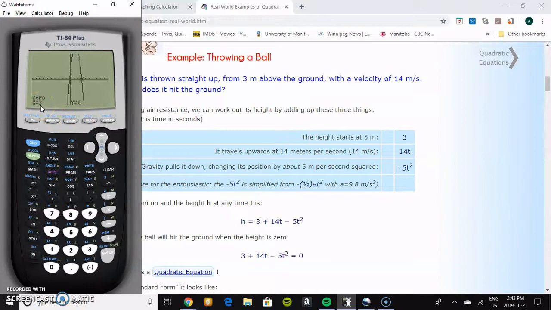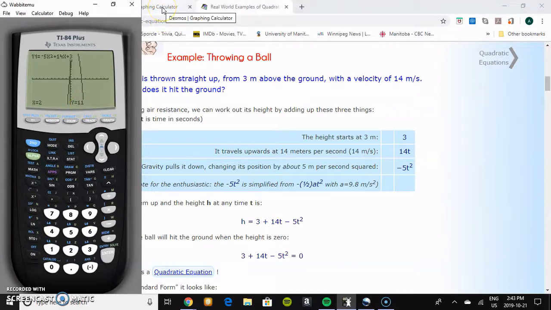We can also find the height of the ball after 2 seconds. If we go second, trace, and we use the value function, and now it's asking for what x equals, so we want x to equal 2 for 2 seconds, and we see the ball will be 11 meters high.